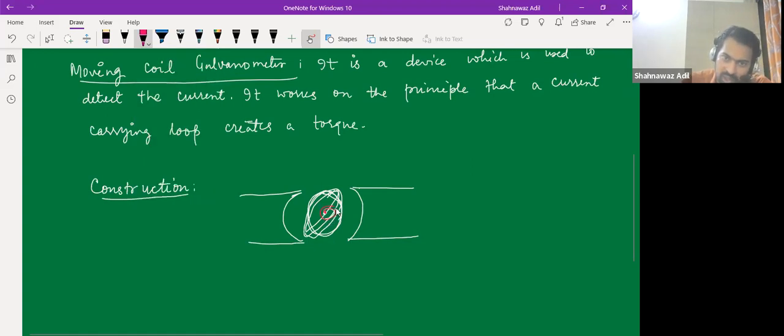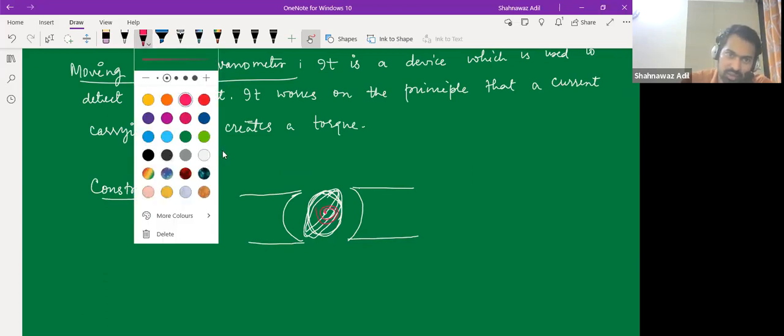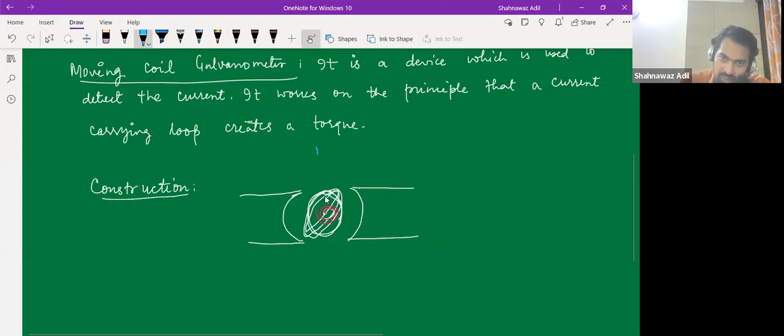Then it has an arrow which is pointing out, and this is the measuring scale, and at the middle you have 0. This arrow shows the deflection.